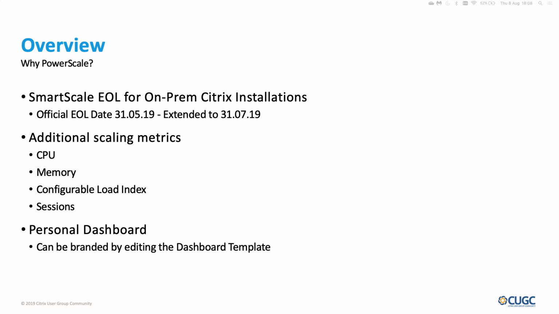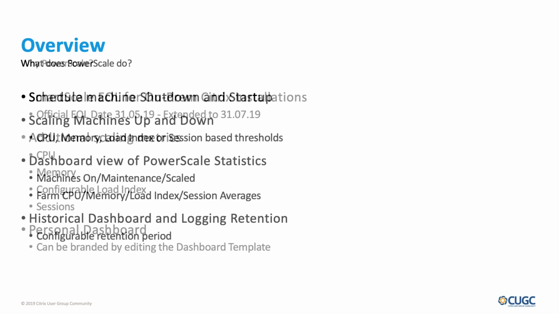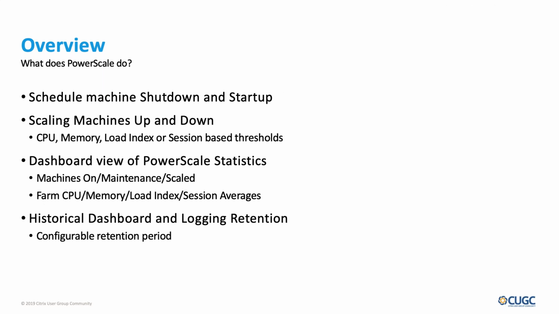So I added the option to scale by CPU, memory, load index, and sessions. I also added a dashboard to the product, so you can see historically what it's doing, whether or not you've got machines scaled on, how many you've got switched on at certain times. That can also be branded.